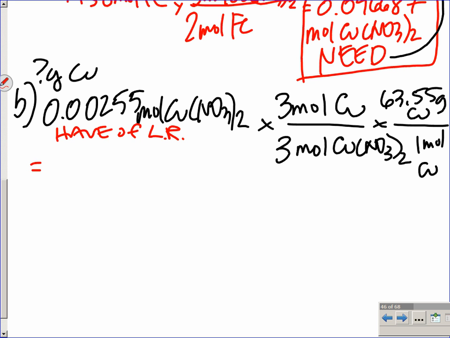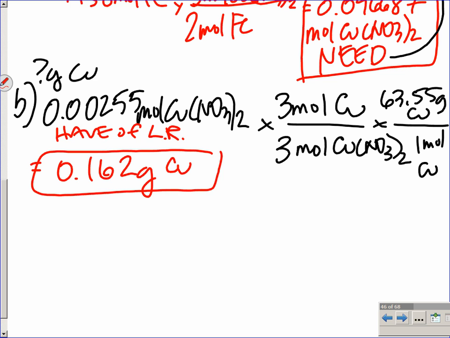What is it? .162 grams of copper solid. Okay, just a little bit of copper, just a tiny bit that we can harvest from that reaction.